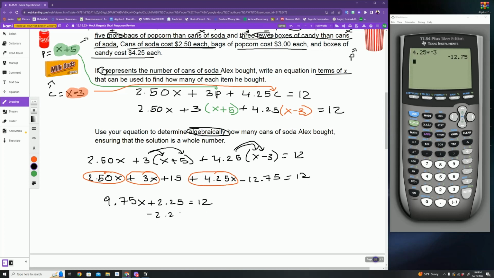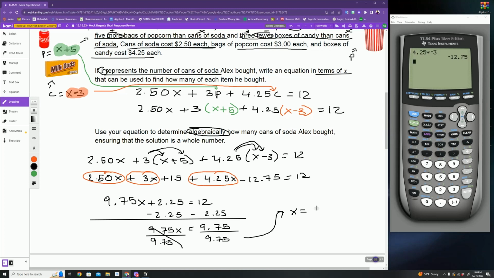Now we're going to do inverse operations. Subtract 2.25 from both sides. That's going to give us 9.75x is equal to 9.75. Then divide by 9.75 on both sides, and the value of x is equal to 1.